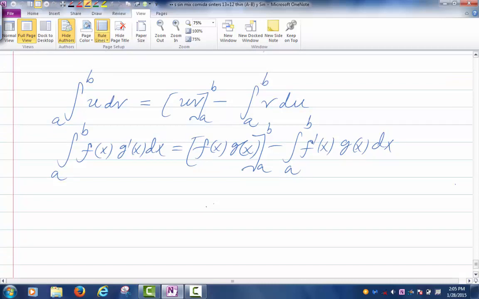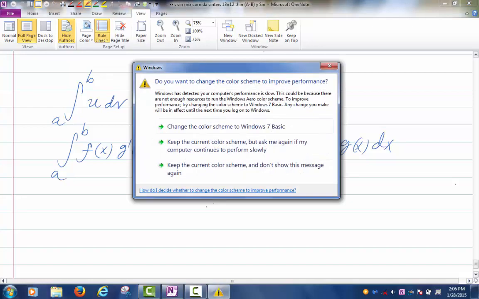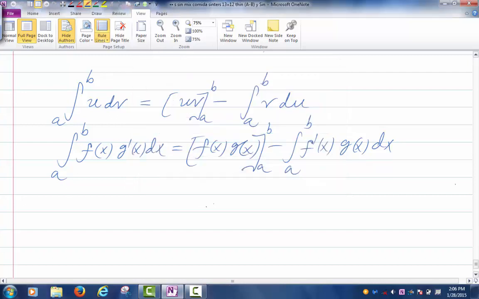Now, when I gave you the integration by parts formula, I gave you that formula for only antiderivatives of indefinite integral. What if you have a definite integral and you want to use the integration by parts? What's going to change? Well, without the limits of integration, integral of u dv is the same as what? uv minus the integral of v du.